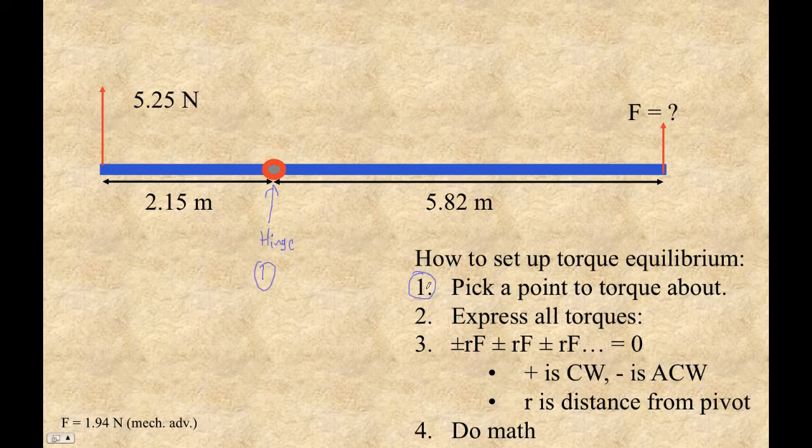That's step one. Step two, express all torques, plus or minus RF, plus or minus RF. In this case, there will only be two torques. They all add up to zero, and positive torques are clockwise and negative torques are anti-clockwise. So let's look at this torque here. We've got an R of 2.15, a force of 5.25.